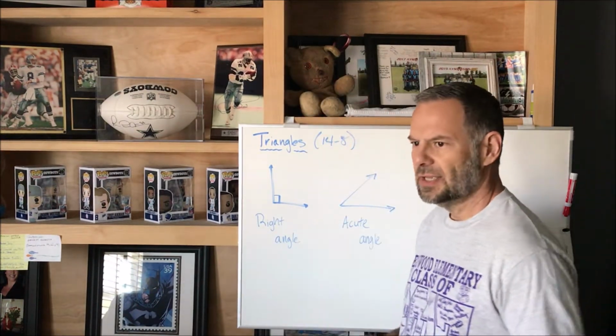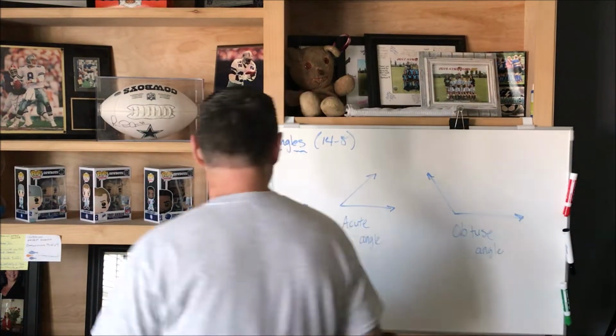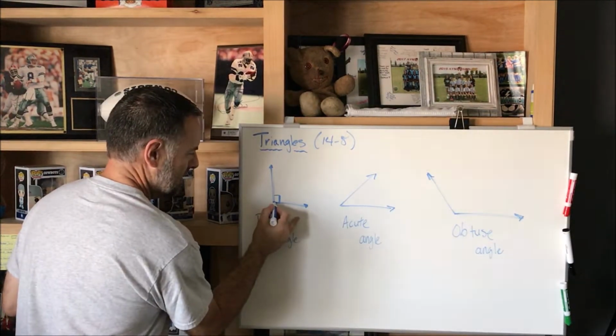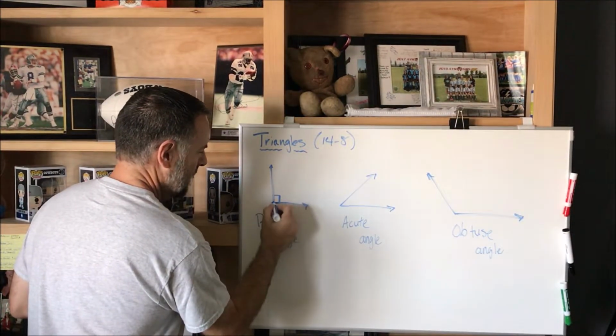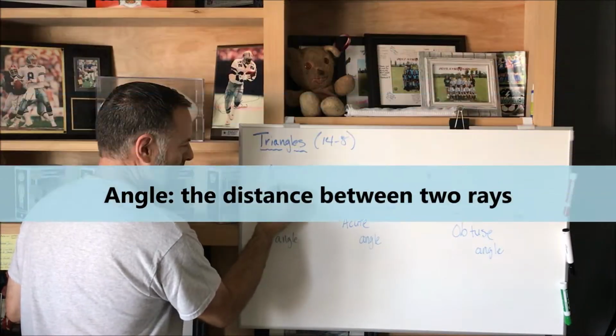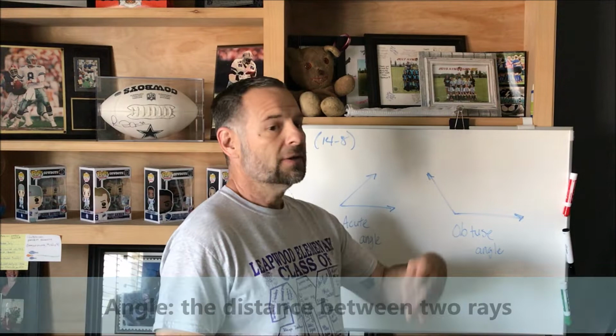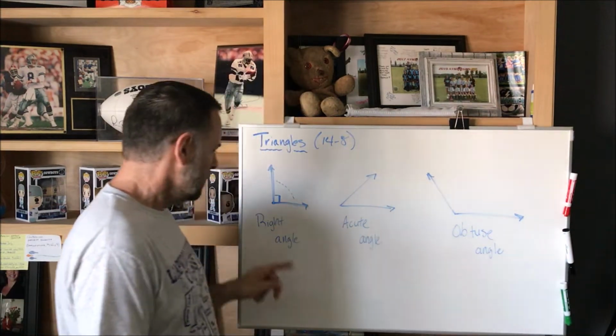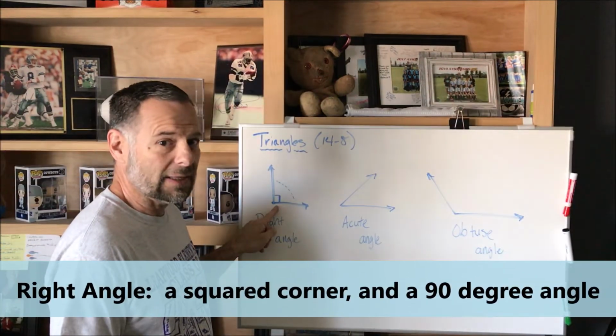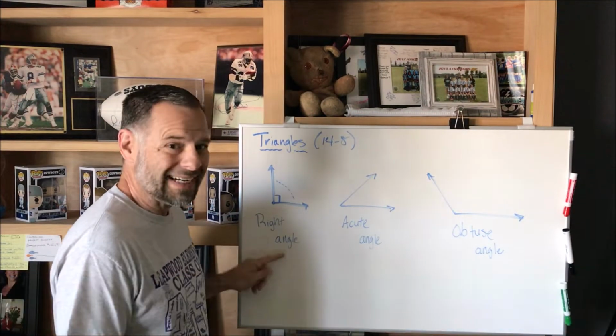We've already studied this. You've seen angles, how two rays can form an angle between them. We've talked about that distance between them. It's measured in degrees and turns and all kinds of good stuff. Every time we see that little squared corner, we know it's a right angle.